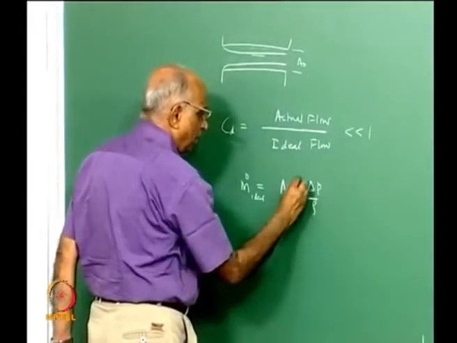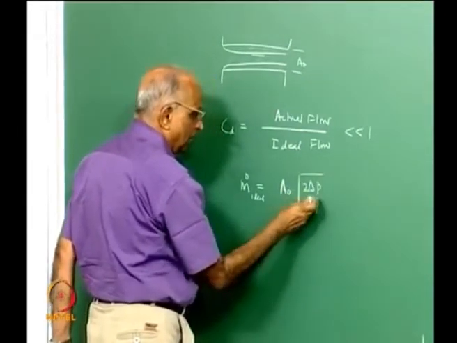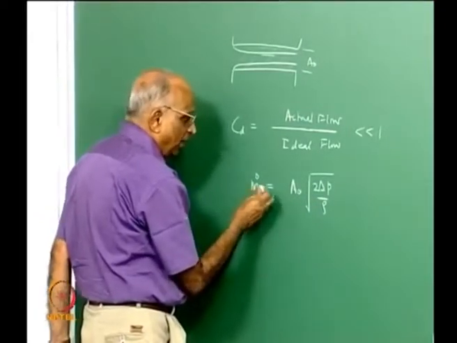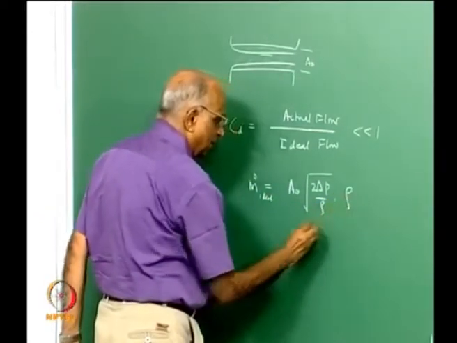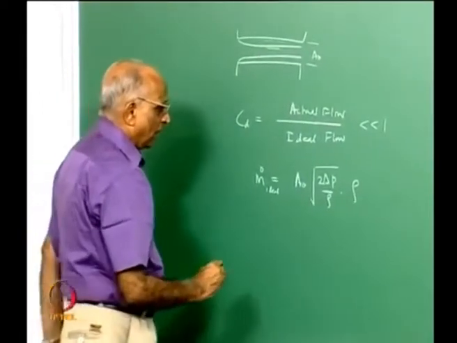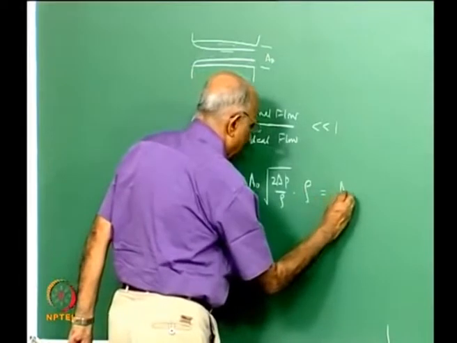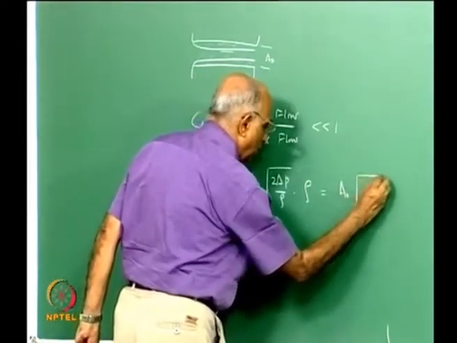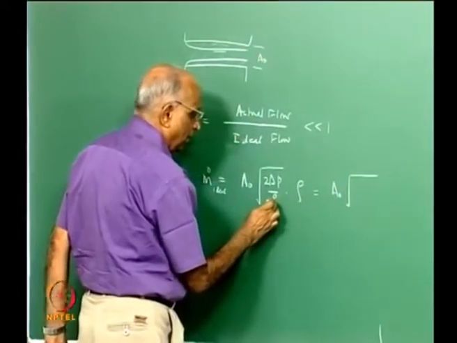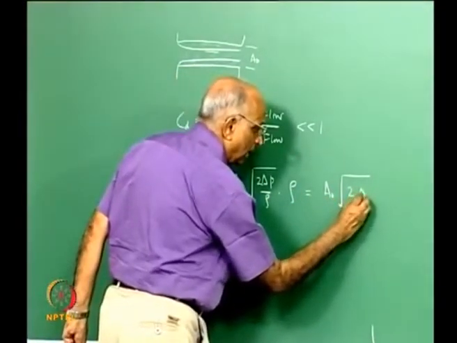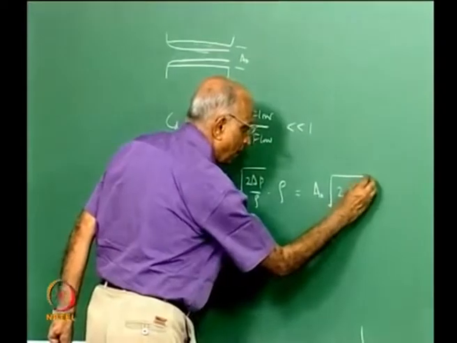Area into the velocity is the volume flow rate, I multiply by the density over here, and therefore I get the ideal flow rate as equal to A0 into under root of 2 delta P into rho.